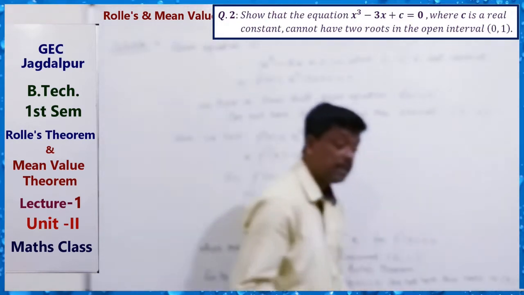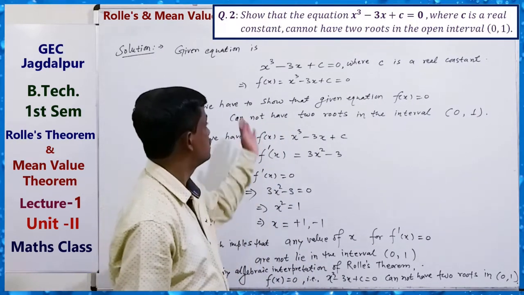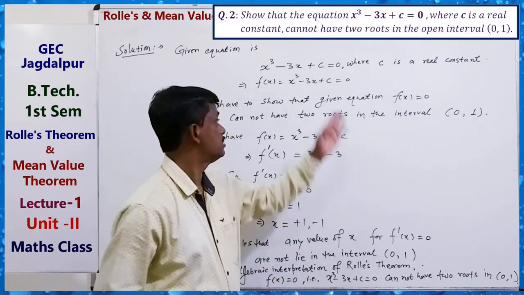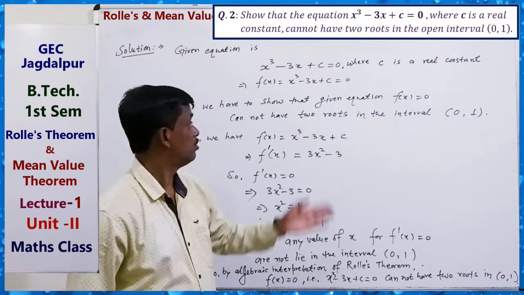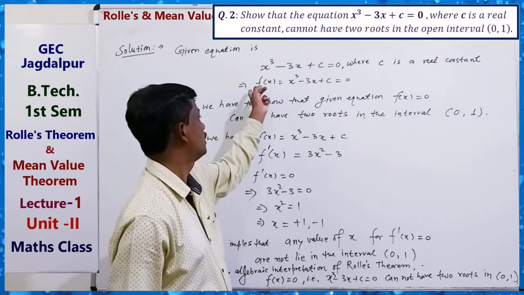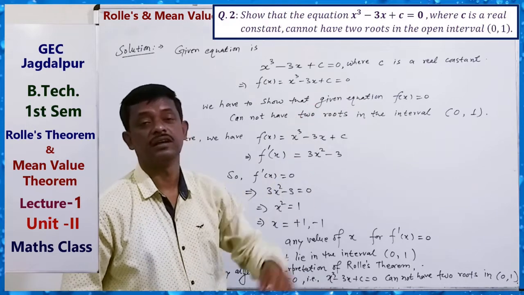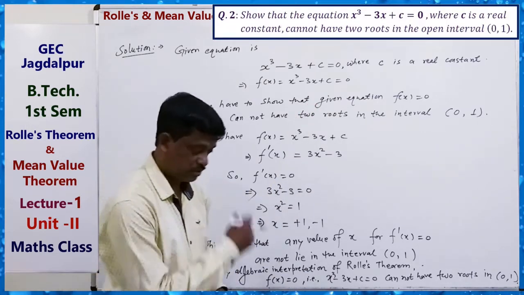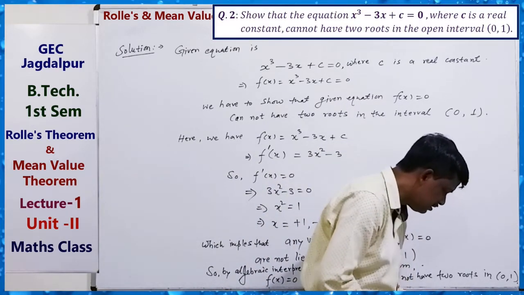So the algebraic interpretation can also be used for taking a decision about a polynomial equation, that is, for the polynomial function: on the left-hand side just take f(x) equal to this polynomial function, and then use the algebraic interpretation. So this is also important. Now take the third question.